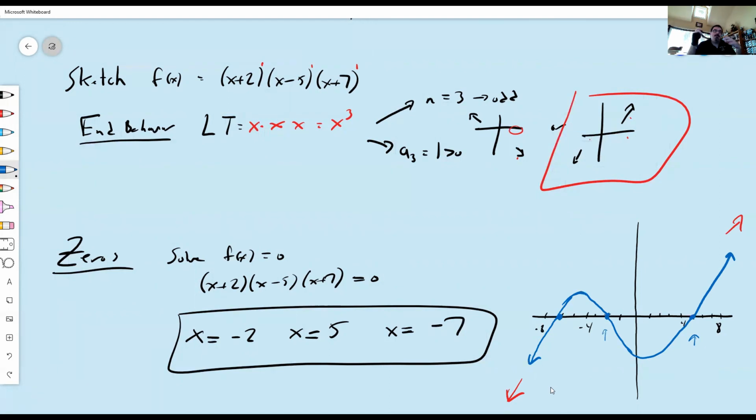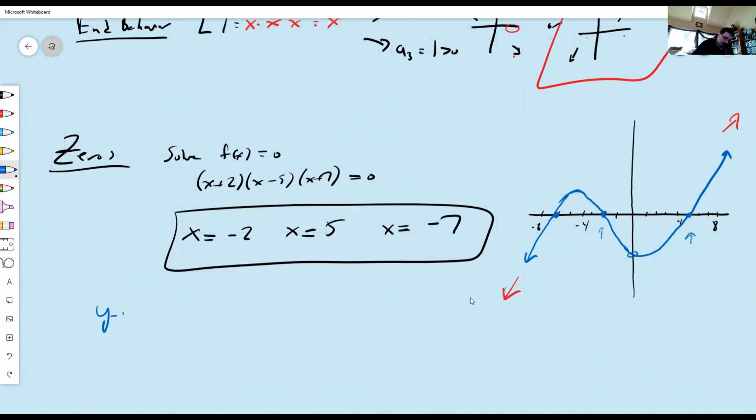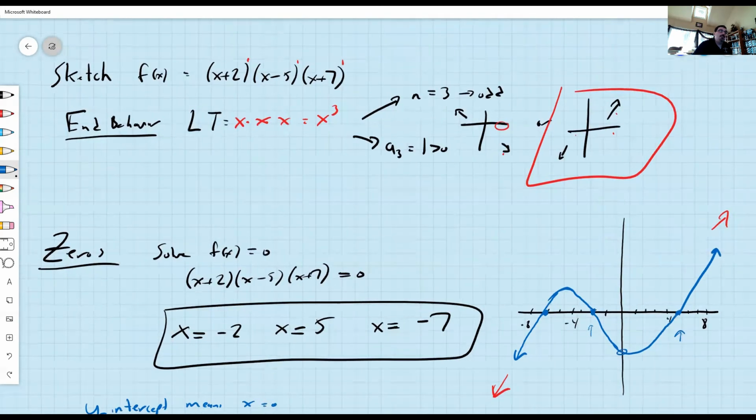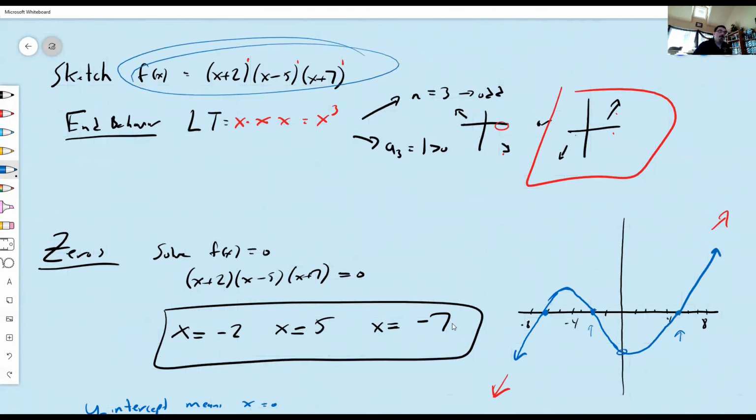We can make it slightly more accurate by putting in the y-intercept. This is our y-intercept right here. If you want to do the y-intercept, y-intercept means x is 0. So f of 0 is going to give us, okay, we're way up here, using this right here.